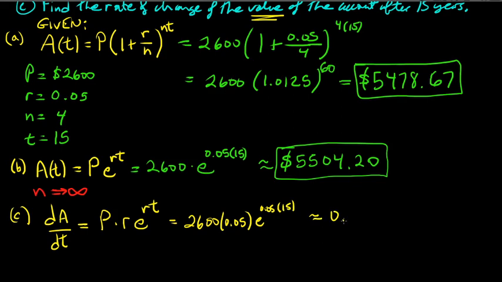So this is just 0.05 times $5,504.20, which you can just divide by 20, and you get approximately $275.21. So that's the rate of change of the value of the account.